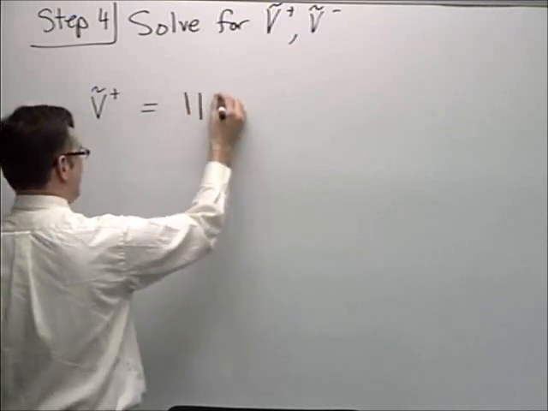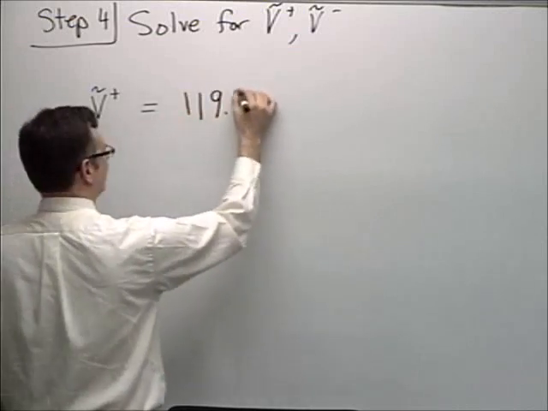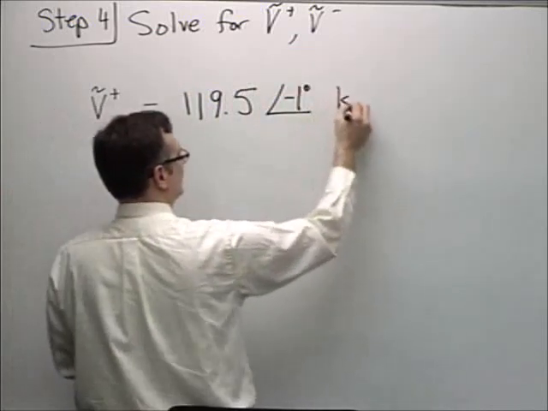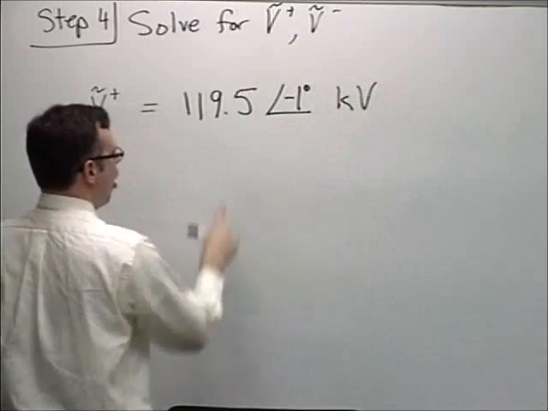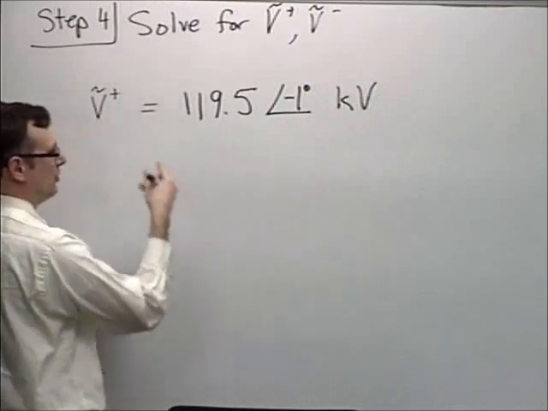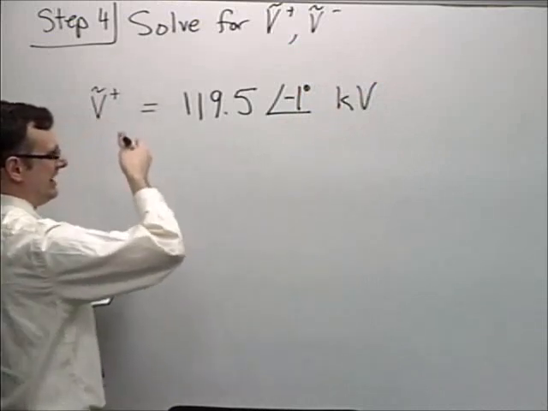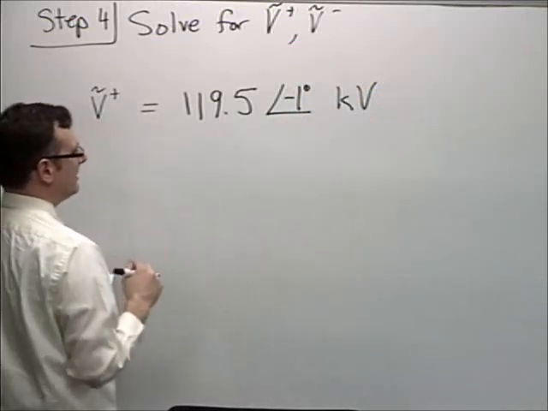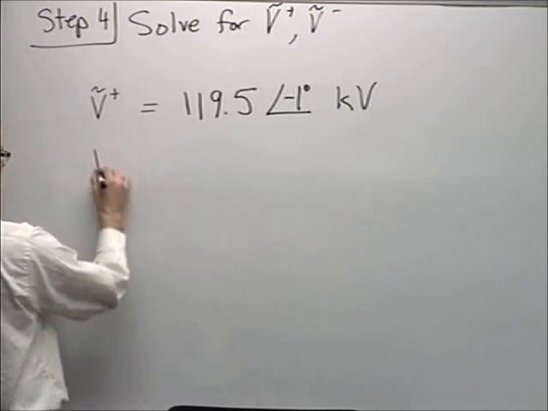is 119.5 at an angle of negative 1 degrees kilovolts. It's almost looking like my source voltage, my full 120 kilovolts at an angle of 0 traveling down to the end of the line. But there's a reflected wave.